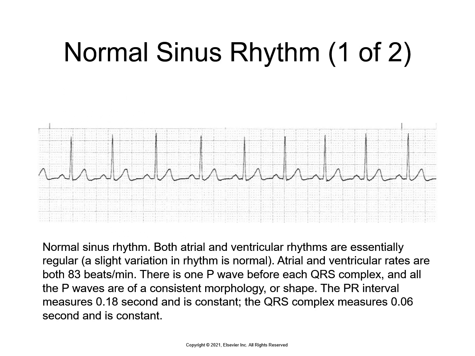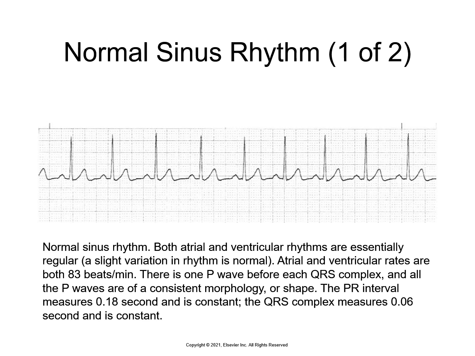So now let's just look at a good old normal sinus rhythm. It's called a normal sinus rhythm because both the atrial and the ventricular rhythms are regular. Sometimes you'll see a little bit of variation, but it's not much. Atrial and ventricular rates are both the same amount each.